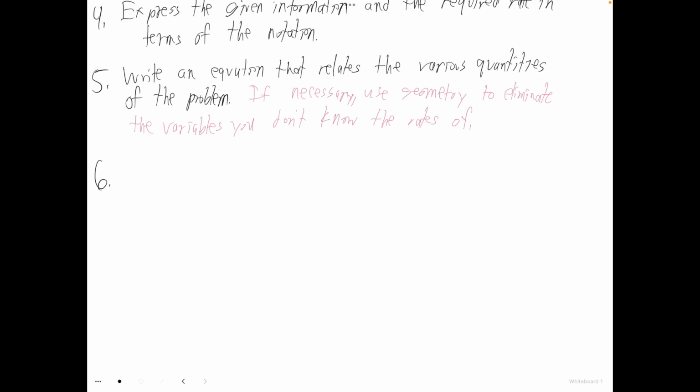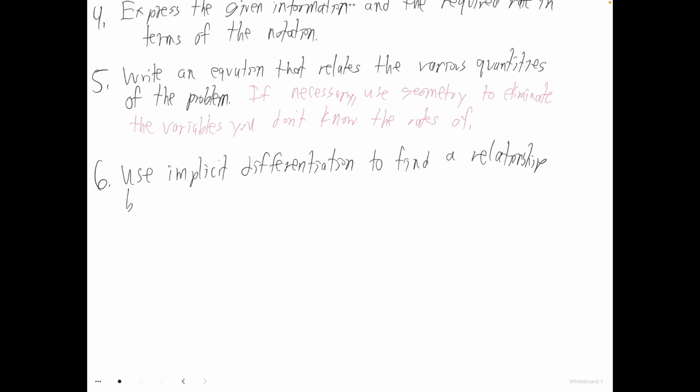Then step 6, use implicit differentiation to find a relationship between the rates. And just to be clear here, we always differentiate with respect to t.